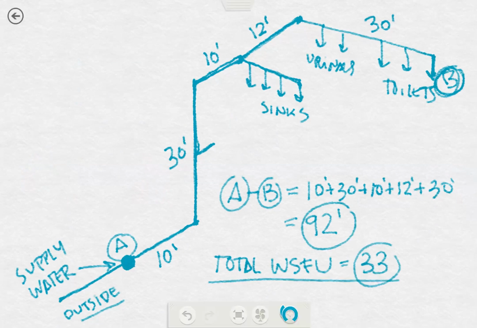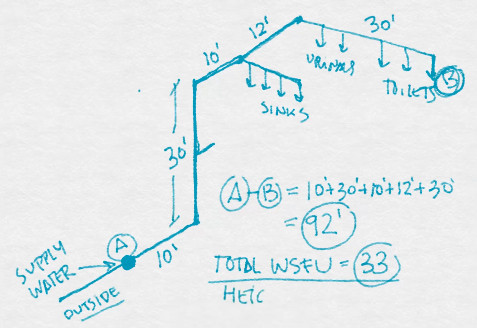And now we need the maximum height, the height between the supply point and the last toilet. In this case, we have to go up 30 feet. So the height is 30 feet.